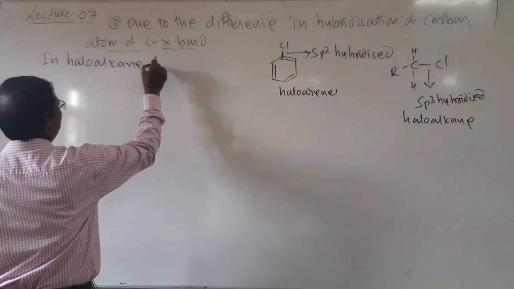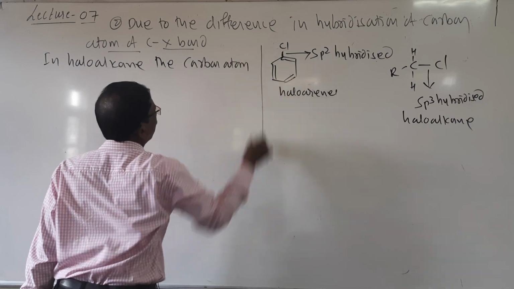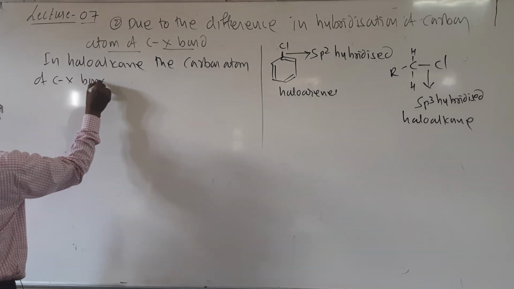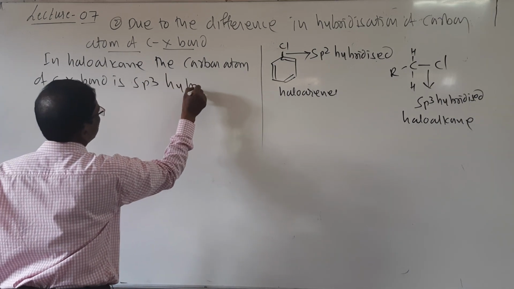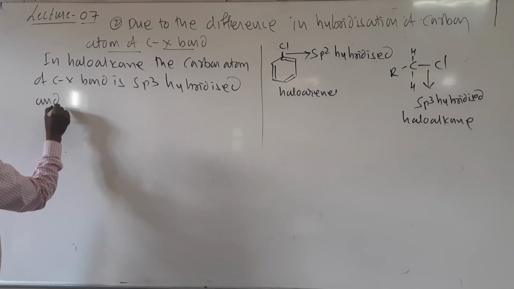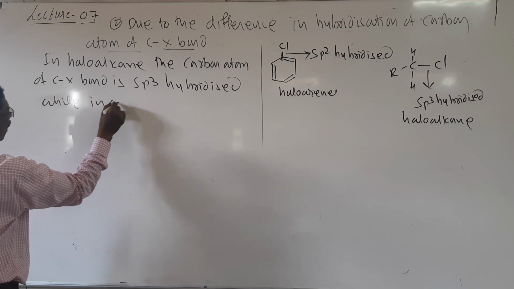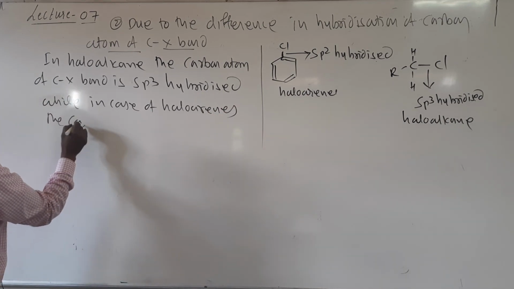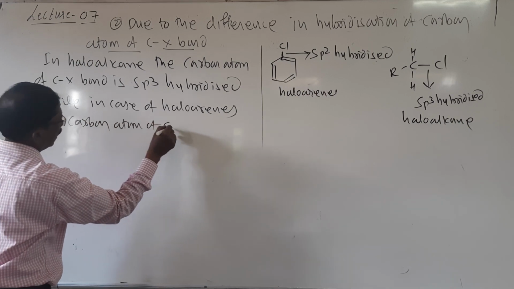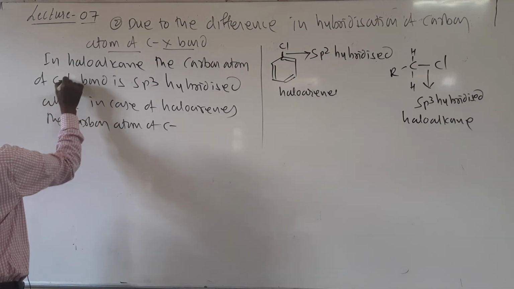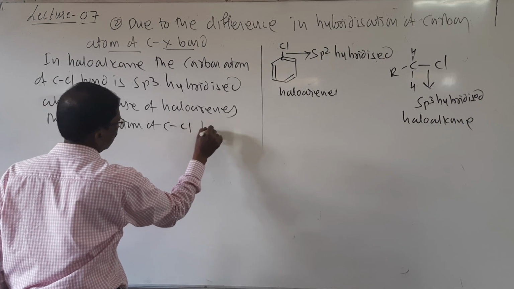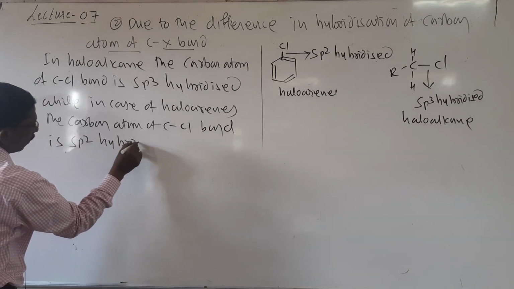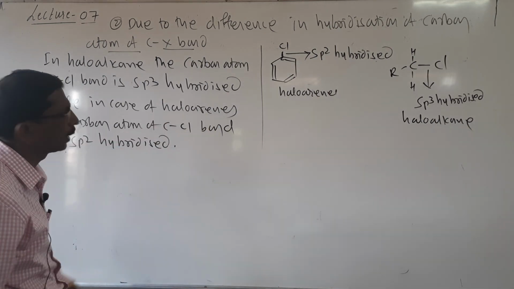In haloalkane, the carbon atom of C-X bond is sp3 hybridized, and while in case of haloarenes, the carbon atom of C-X bond, or you may write C-Cl bond, you may write any one, the carbon atom of C-Cl bond is sp2 hybridized. It is sp2 hybridized in haloarenes.